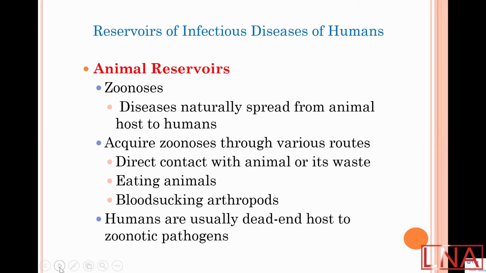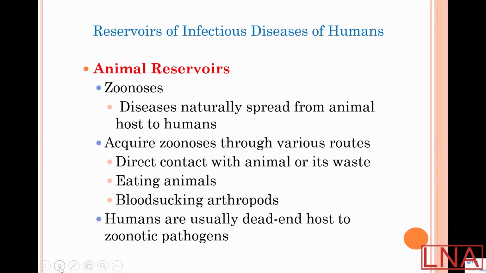Animal reservoirs we can also divide into zoonosis, when disease naturally spreads from an animal host to humans. The main example here is rabies. Another one is acquired zoonotic infection through various routes. It could be direct contact with an animal, eating an animal, or blood-sucking arthropods.